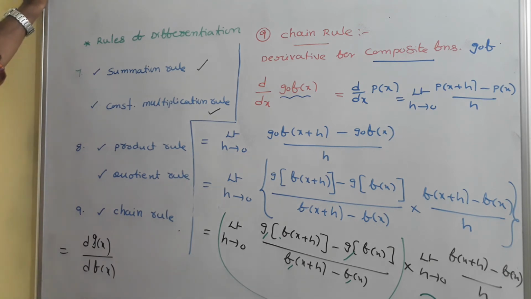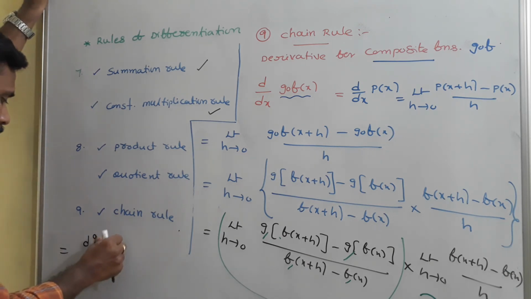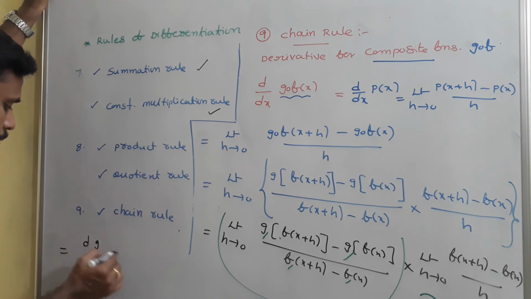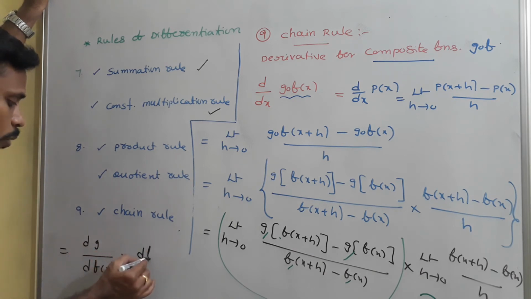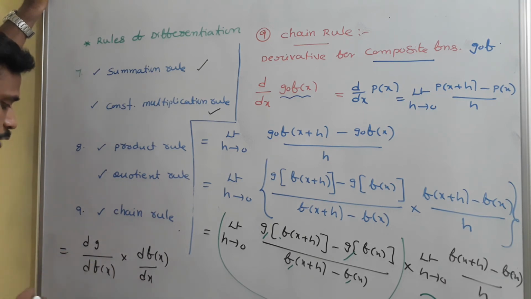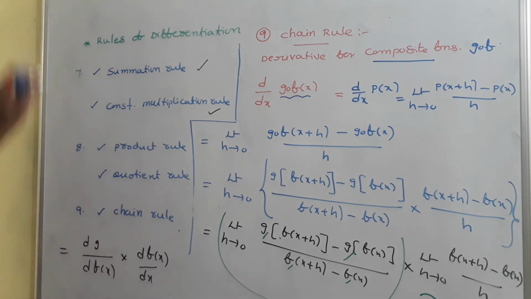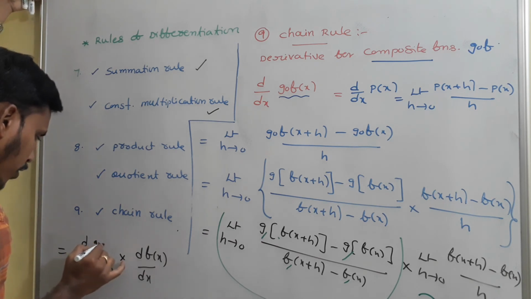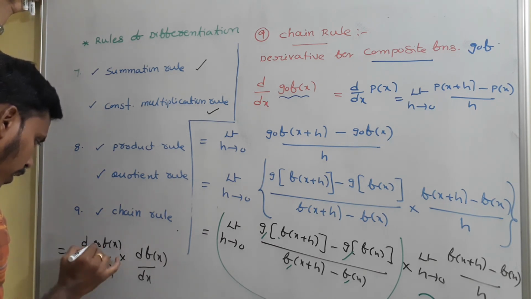The second thing is very clear, that is d by dx of f of x, and this whole thing is the derivative of g circle f of x with respect to x.